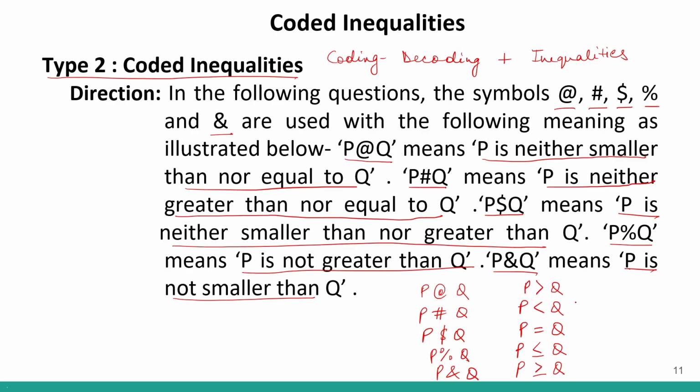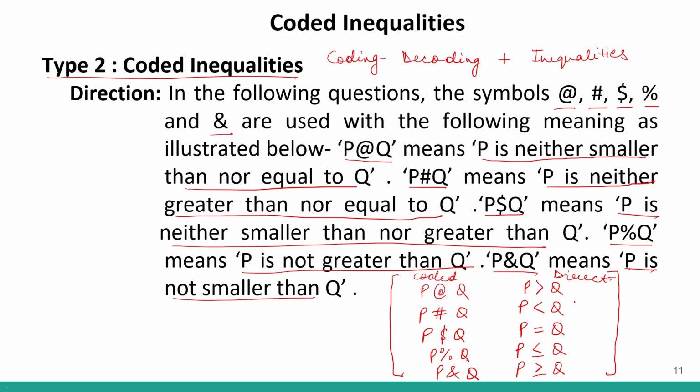So this is how we are coded. These are the coded inequalities and these are the direct inequalities. Correct? So from coded, we have converted them into direct inequalities, and based on that, we will get certain questions. So you can note this down somewhere for future questions, or I am going to write them on each page.